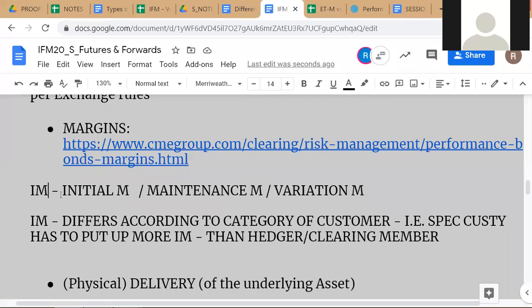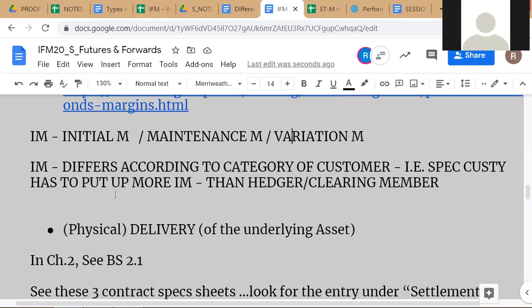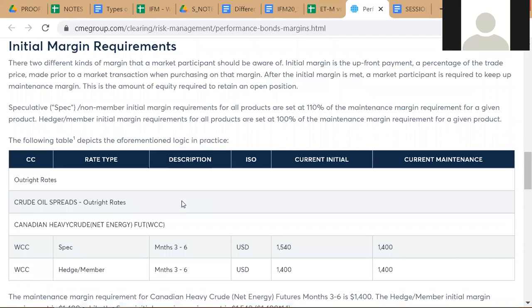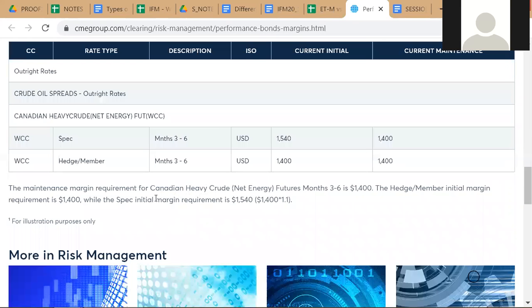So this is one thing we have to note: initial margin, maintenance margin, and variation. We'll come to these two. What are these two? As you can see here, this is just a level, it's like a kind of trigger level. Okay, so maintenance is always lower than the initial margin. You can see the example here in the Canadian crude product. And this is a futures contract. Okay, you can see the difference, let's look at the spec settings.